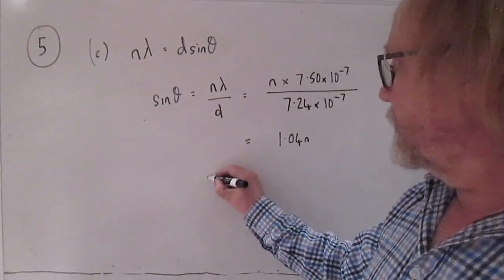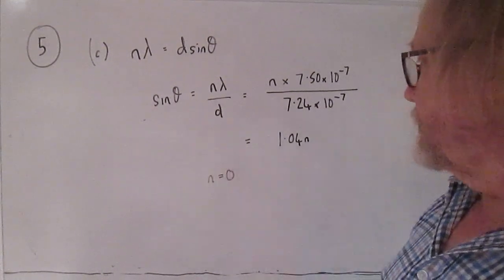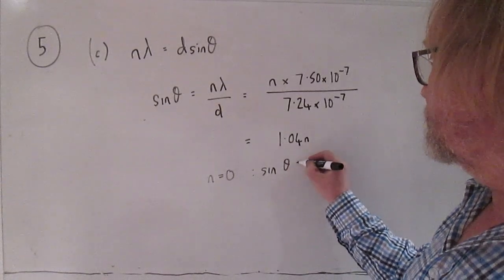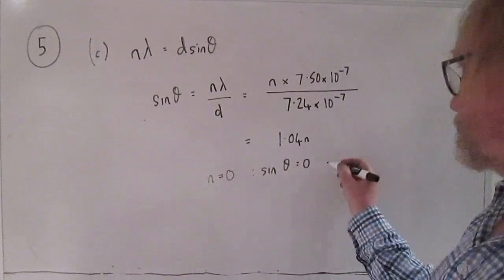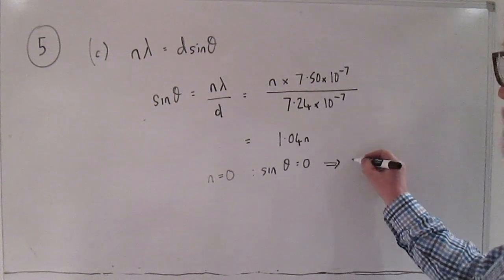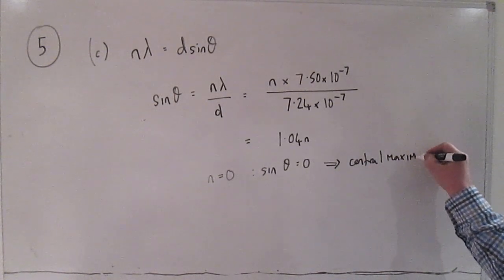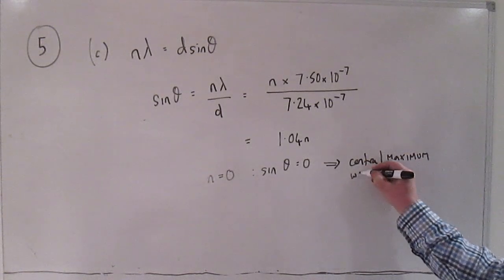So if n is 0, then of course sine theta is 0, which means that the central maximum will be observed, as always.